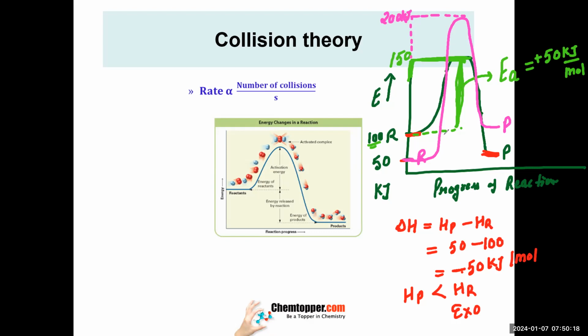What's the delta H of this reaction? The pink one, delta H reaction. Again, the same equation, HP minus HR. What is it? HP is this. HR is this. Is plus 50 kilojoules. Yes. Endothermic. How much activation energy for the pink reaction?